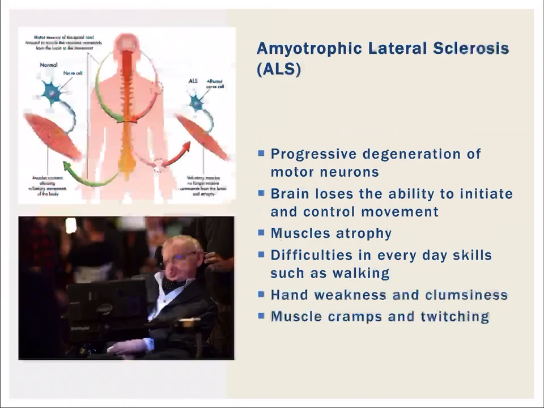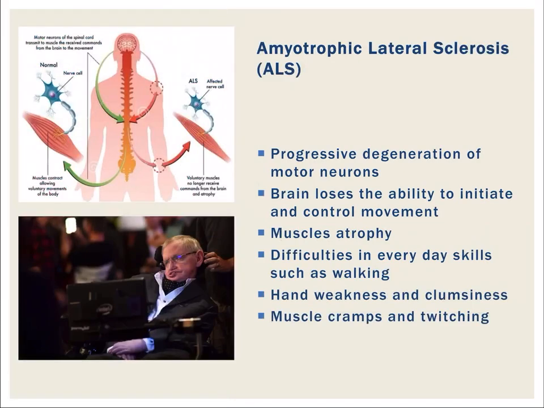And then finally, ALS, amyotrophic lateral sclerosis. Well, the most well-known person with ALS is Stephen Hawking, obviously. And what ALS is, is a progressive degeneration of motor neurons. And in this case, the brain loses the ability to initiate and control movement, right?